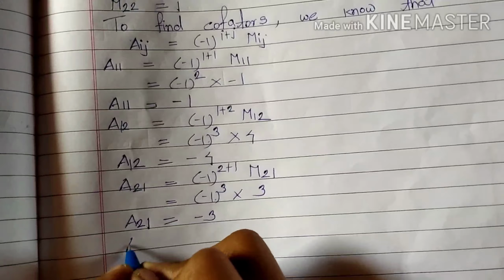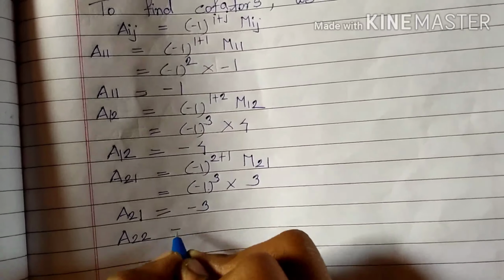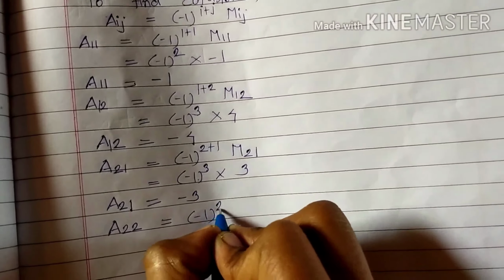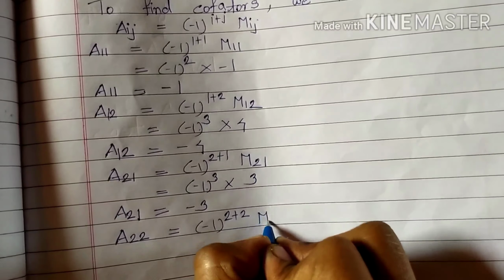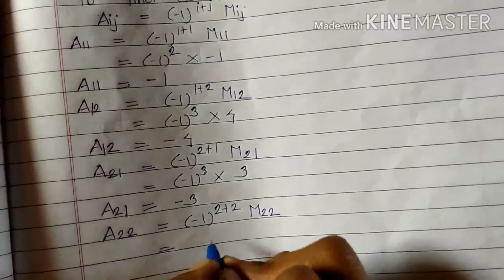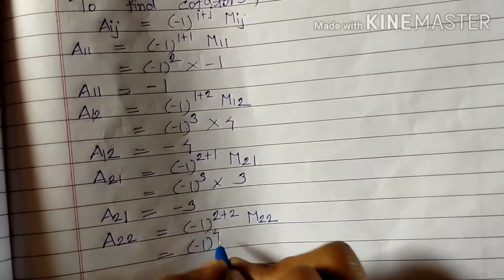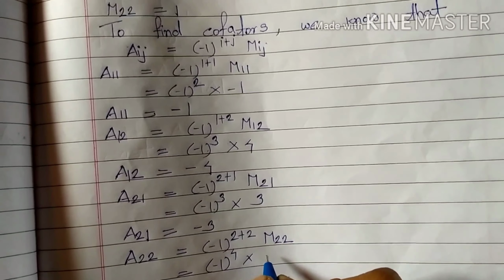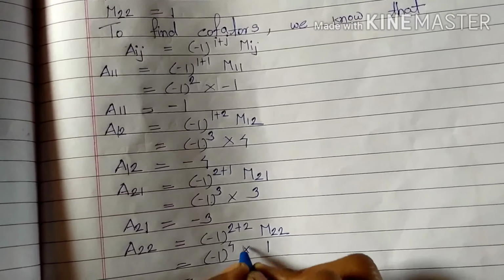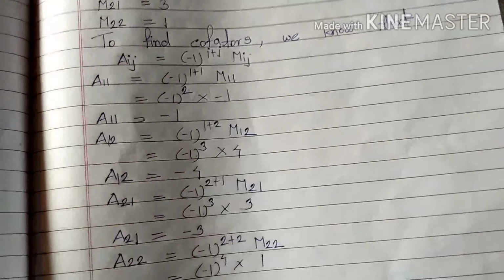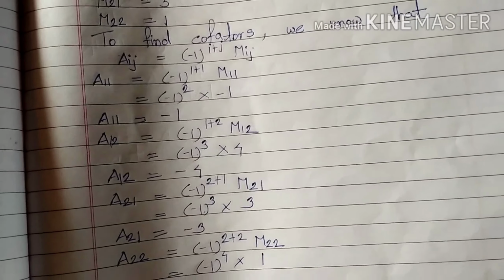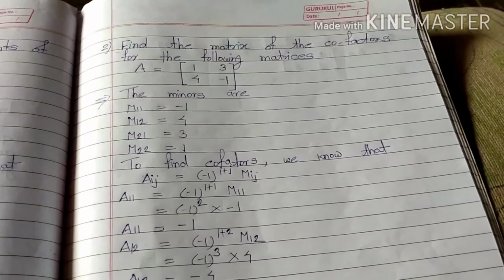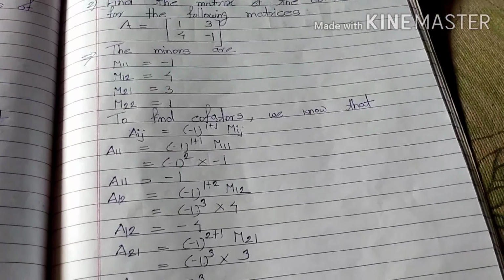And last cofactor, minus 1 raised to 4 is 1, 1 into 1, 1. So this is the cofactor. But here we have to find the cofactor matrix.